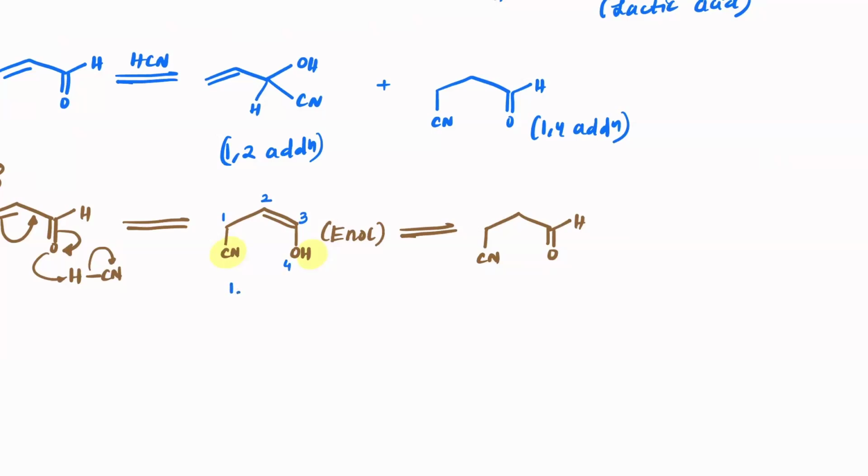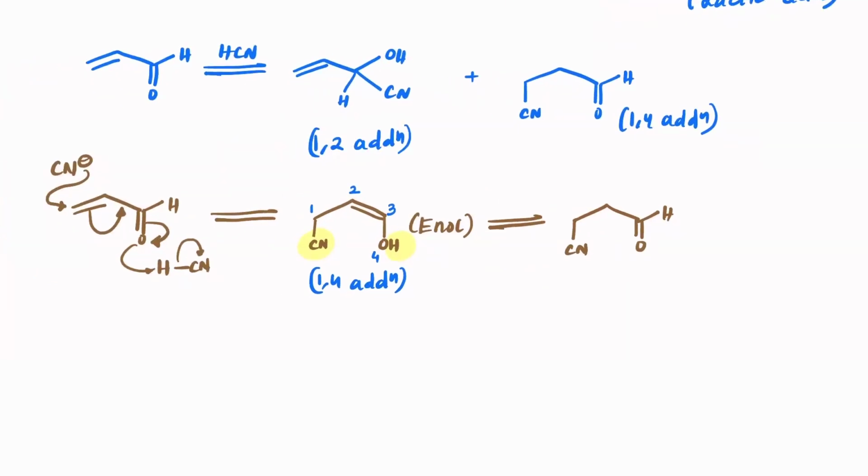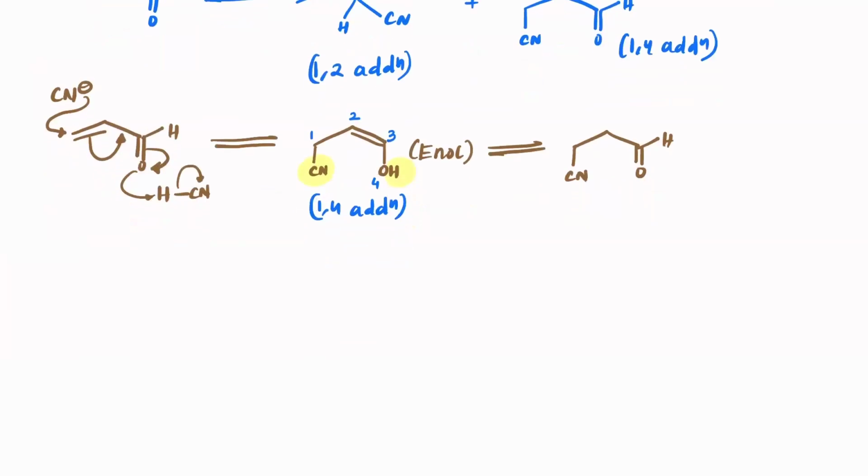It has happened to be 1,4 addition. That's why we call it 1,4 addition, and that 1,4 addition will convert into this ketone. So this is how 1,4 addition works. 1,2 addition is a regular case which we have noticed already. Now, 1,4 addition and 1,2 addition are subject to temperature.